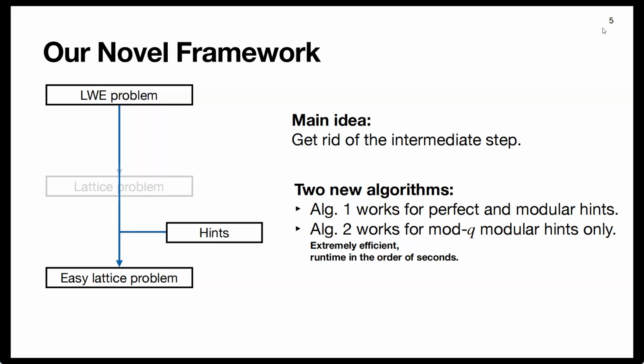There, our implementation only runs in the order of seconds, even for cryptographically sized instances. That's of course more restrictive, but we think in practice this restriction is maybe not too bad, because all the operations in LWE-based schemes are performed mod Q anyway, so we think getting these mod Q hints is probably quite effective. In this talk, I will mostly focus on algorithm 1, but in the end, I'll go back to the second one.